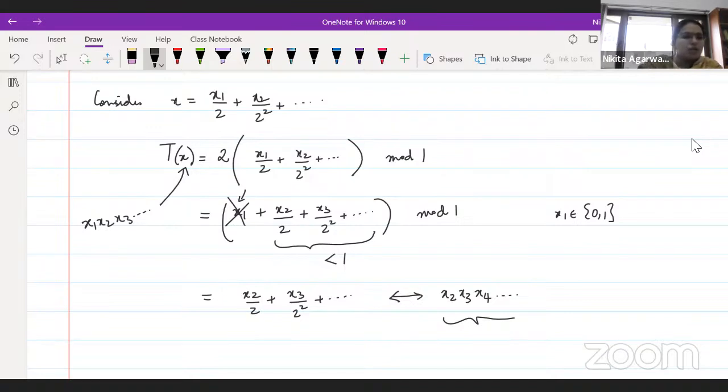Because on sequence space, if you take any sequence like this and you apply the sigma map, you get this image. That means at the level of the space X, at the level of this [0,1), you have the doubling map.